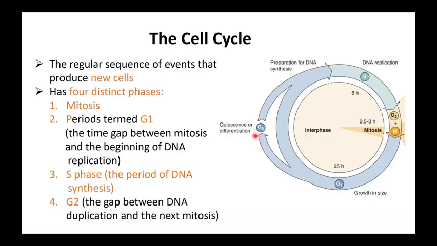Some cells will leave the cycle, become differentiated and never divide. Give me an example of a cell. Cardiac cells, neurons, nerve cells, muscle cells. They might have some regenerative power, but mostly they will increase in size. Makes sense? But other cells, like hepatocytes, are a good example.